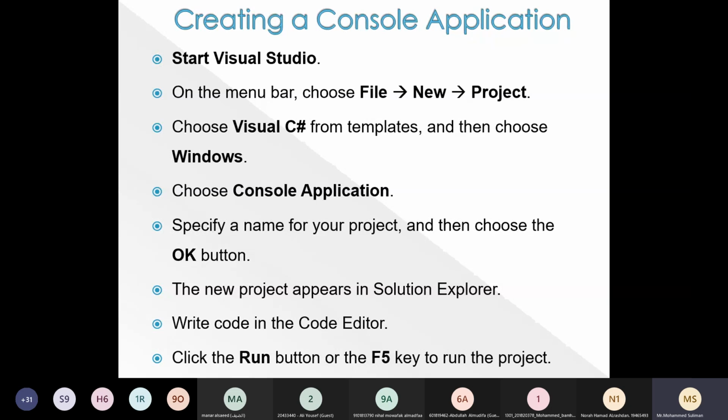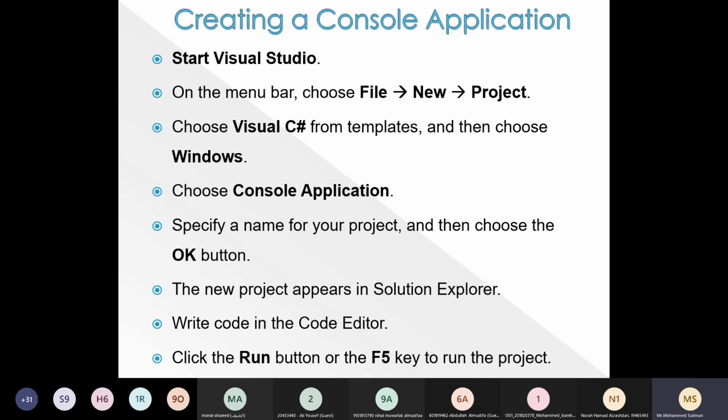What we have to do is start Visual Studio and select File, New Project, then choose Visual C# from templates, then choose Windows and Console Application, and then enter the project name and click OK.